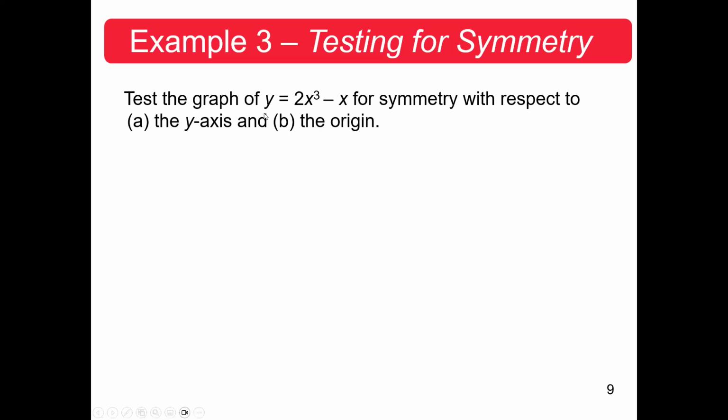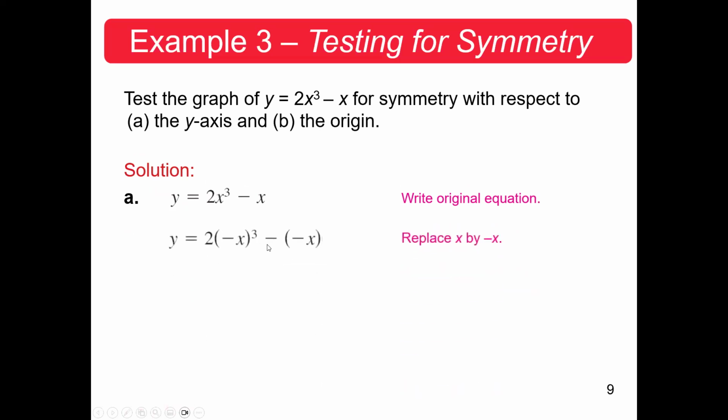So let's test the graph of y = 2x^3 - x for symmetry with respect to, first, the y-axis and then, b, the origin. This would be a good example for us to get the concept. First we write the original equation, y = 2x^3 - x.